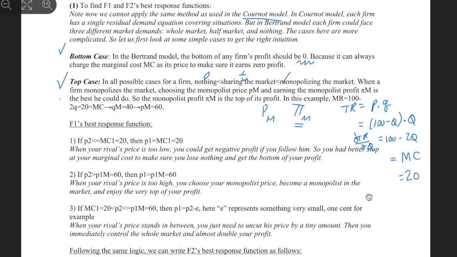So 100 minus 2Q equals 20, 2Q equals 80, and Q equals 40.